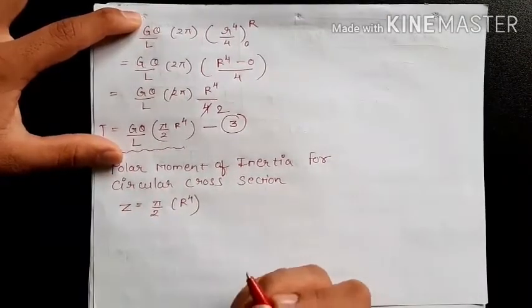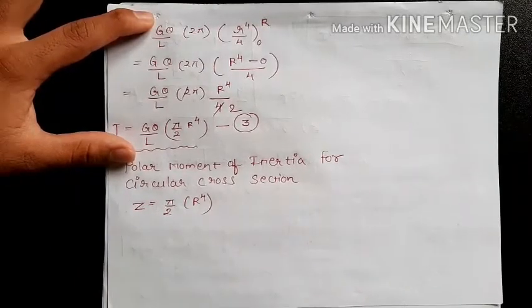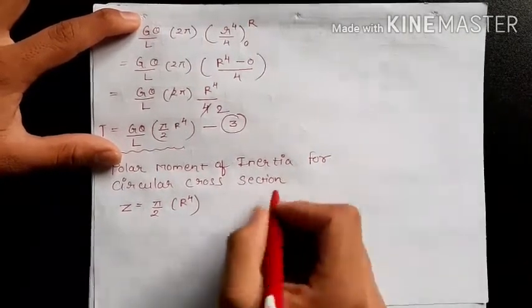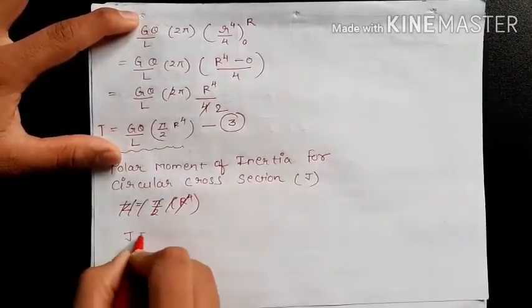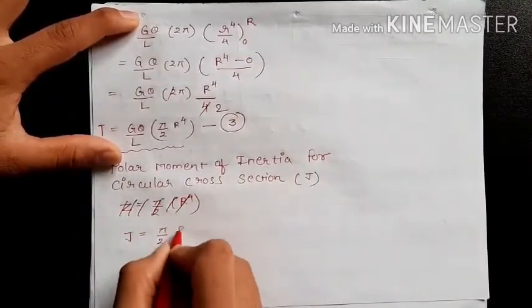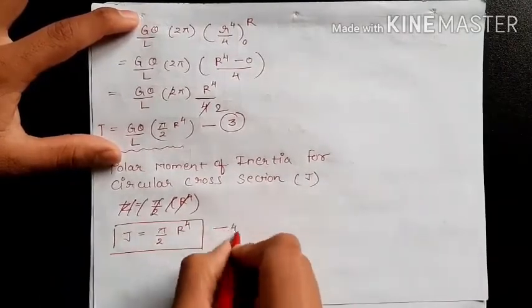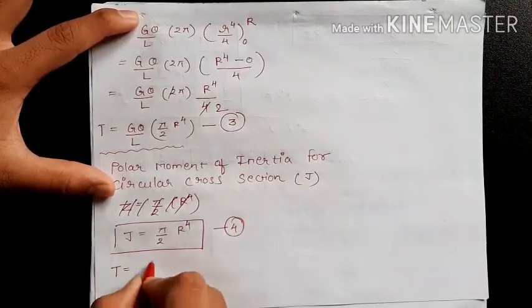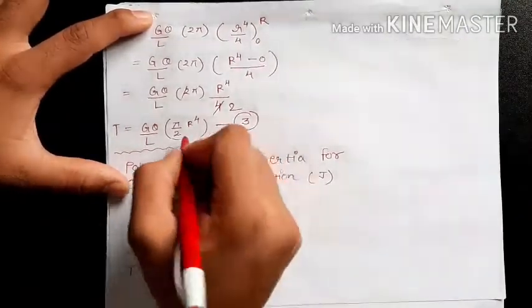This is the formula, so we have to remember this. Sorry, it is not Z, it is denoted by J. J equals pi by 2 into R raised to 4. Now by substituting equation 4 in 3, we get T equals G theta by L into J.